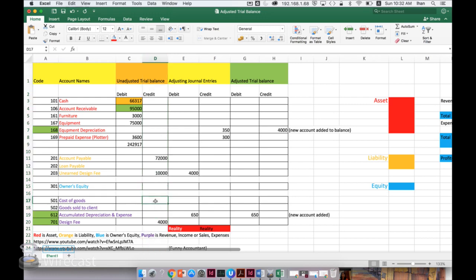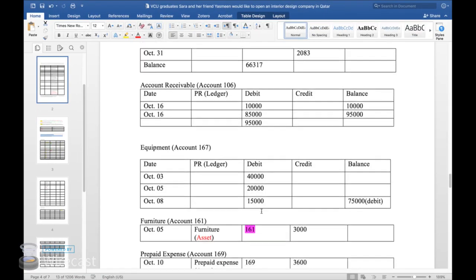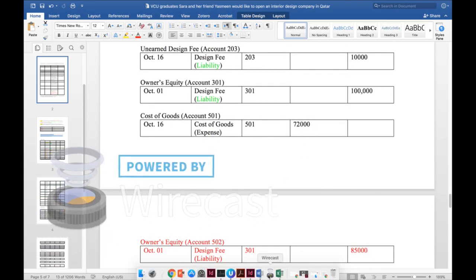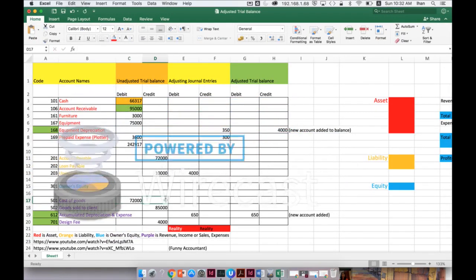Cost of goods. No, wait. Goods sold to clients. Okay, that's this much we sold. Cost of goods is in a different column. Account 501, this is cost of goods, in a different column. Okay, this one 72.